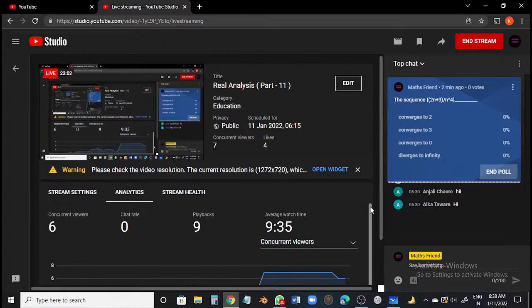We have the sequence 2n plus 3 over n raised to 4. So will this sequence converge or diverge?